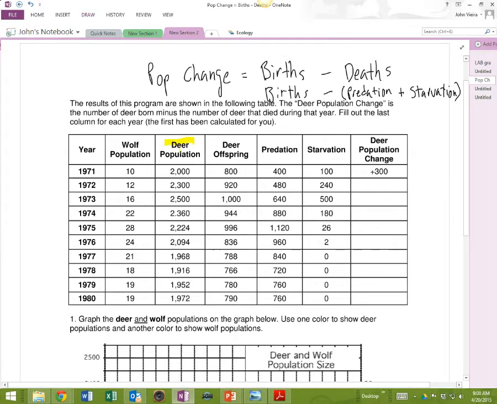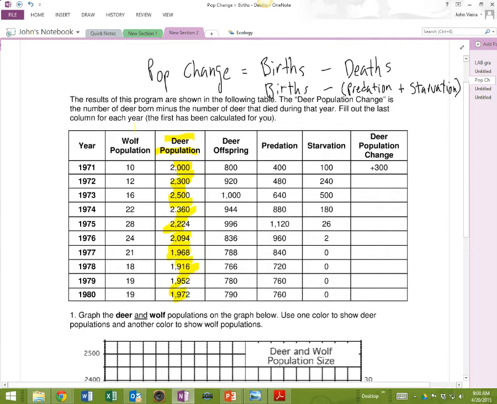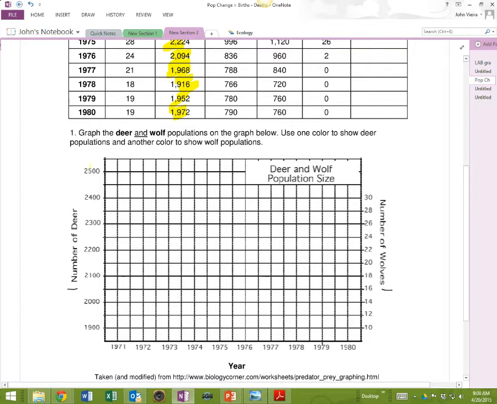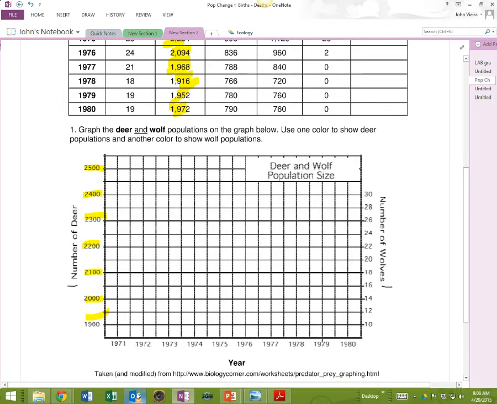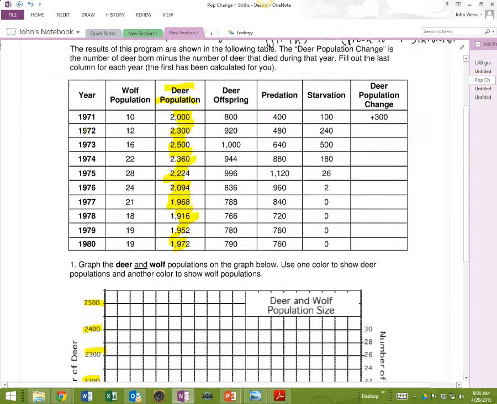This is the deer population. So you're going to be doing this data using the axis on the left, right? This is this data right here. But, and then this is where students get a little bit confused.